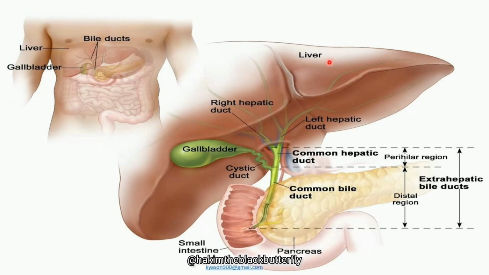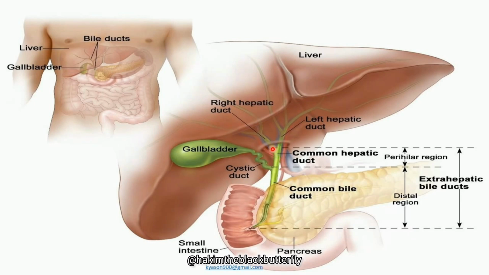From the left physiological lobe, we shall also collect bile with the help of the left hepatic duct. So these are formed within the liver, and they contribute to what we call the intrahepatic biliary system.